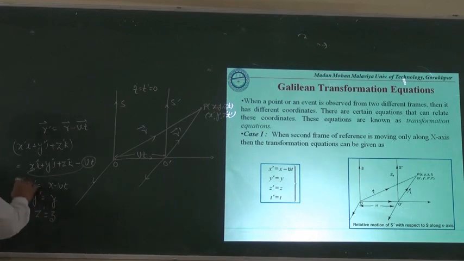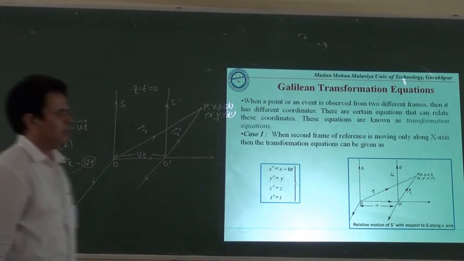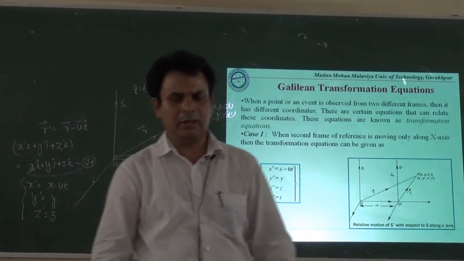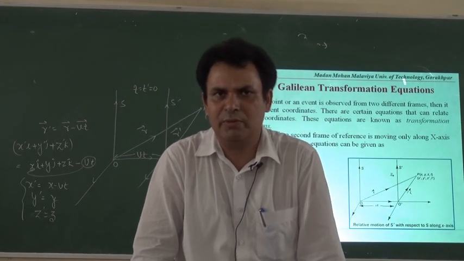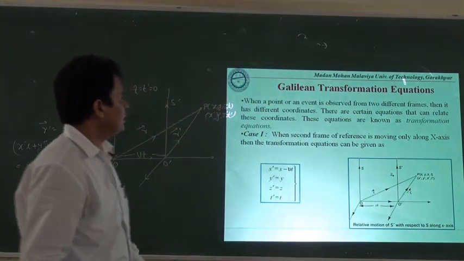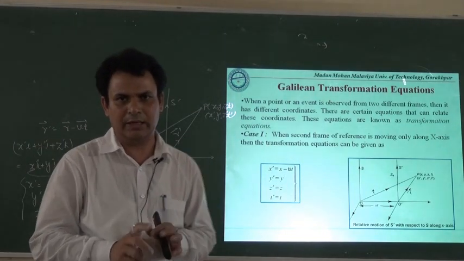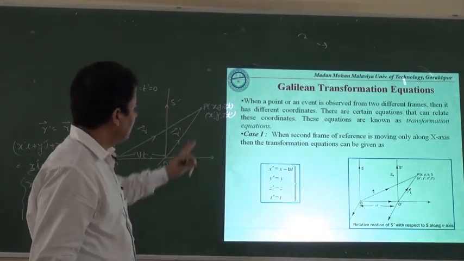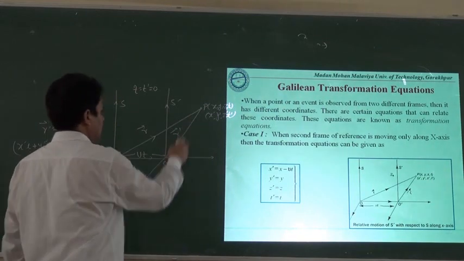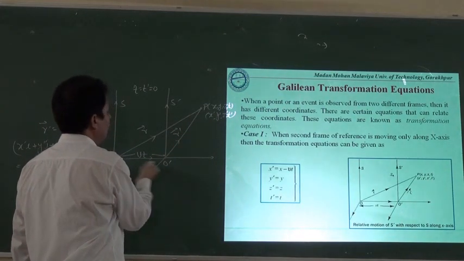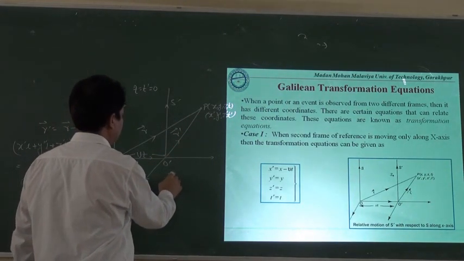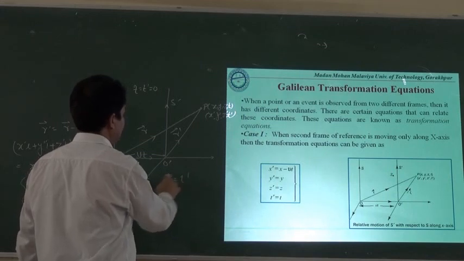One more important thing which I wish to add here in the Galilean transformation equation is that Galileo considered that there is no need for transformation of the time coordinate. It means that time remains as it has been observed by O or O dash, that is, t is equal to t dash.